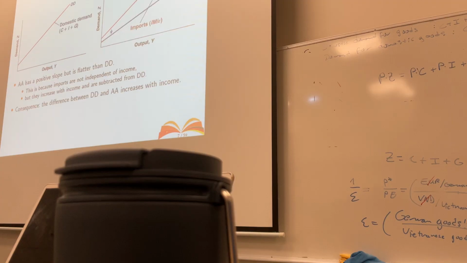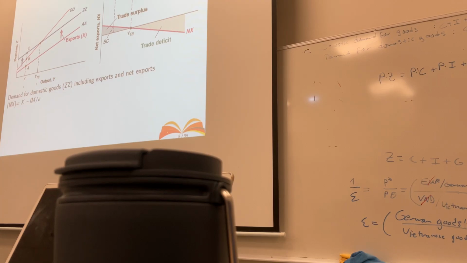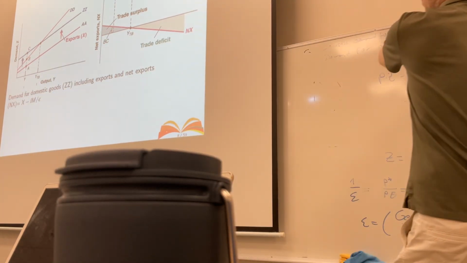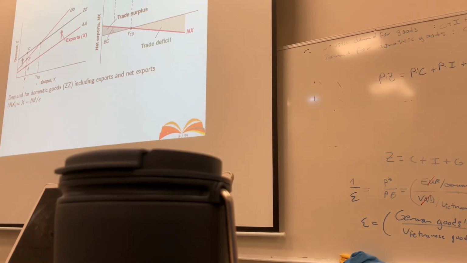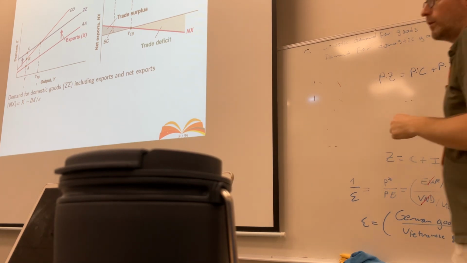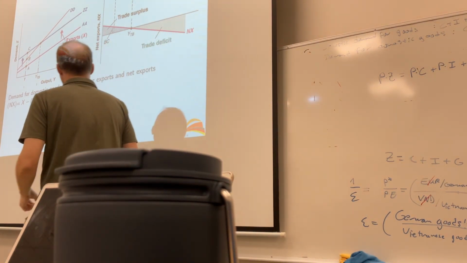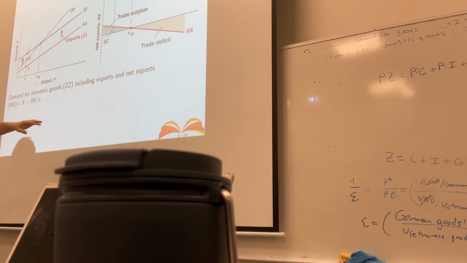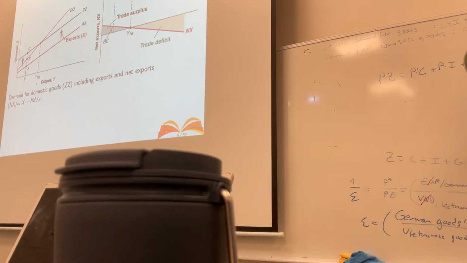So we can go step by step. First, subtract the imports, so it also flattens our curve. And now we do a shift upwards. The reason I like to do this step by step is that if we have balanced trade, if we don't have a trade surplus or a trade deficit, so net exports are equal to 0, then our output level is exactly the same as it would have been before when we were just looking at domestic demand.